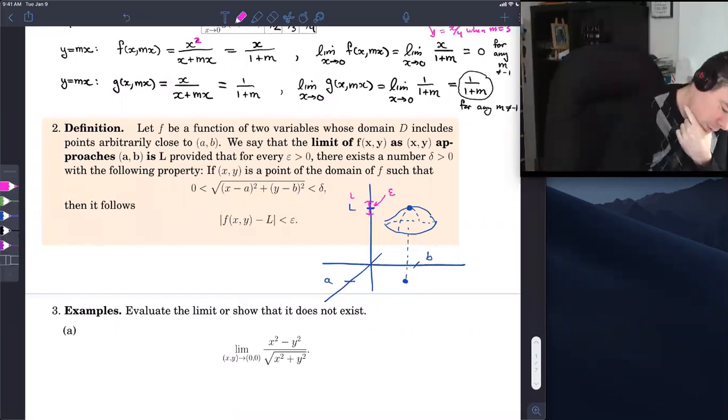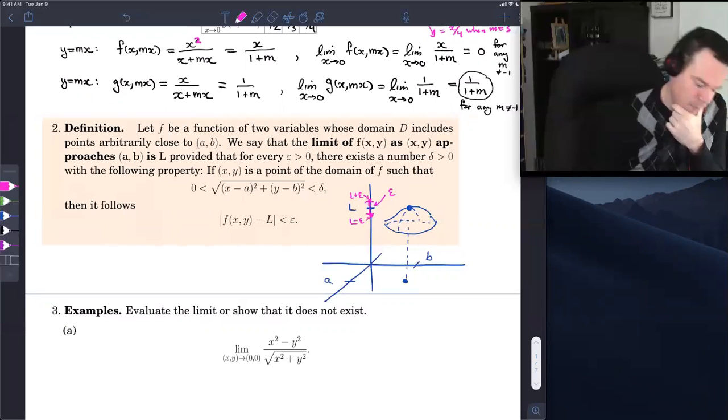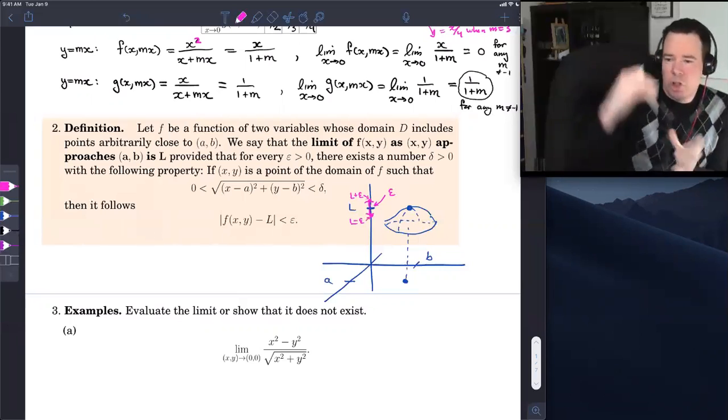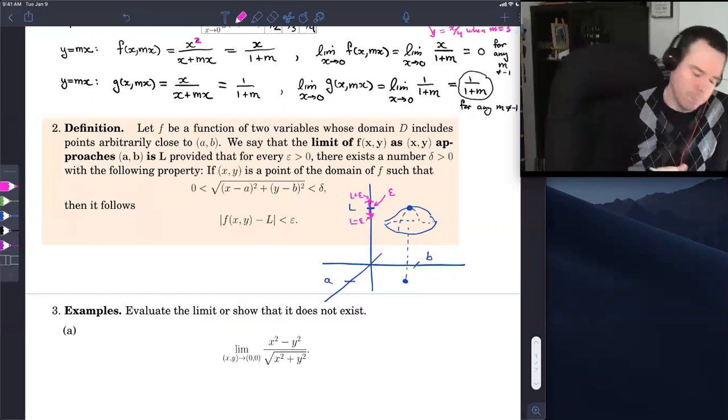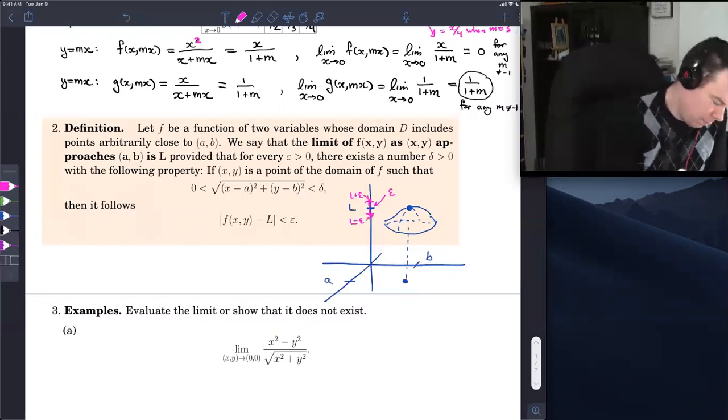So this top point here is L plus epsilon, and the bottom point of this interval is L minus epsilon. So I give us a target, and I want to know, can I always land in that target by taking my inputs sufficiently close to (a, b)?